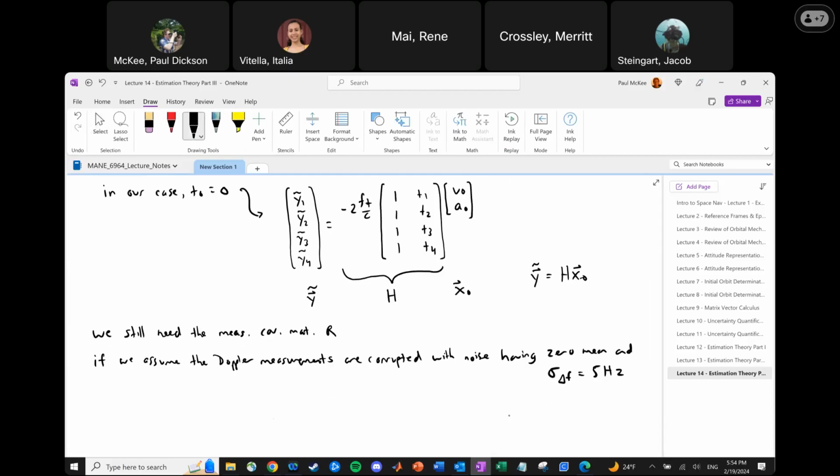So then we can say that R is equal to sigma delta F squared I 4/4. So in this situation, right, there's essentially two situations that you could find yourself in with the measurement covariance matrix. As we've set it up, because this problem is very simple, it's essentially just one number scaling the entire, like what is otherwise an identity matrix, essentially. And so that means we have the same uncertainty for each measurement.